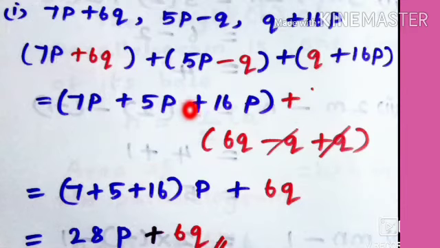The coefficient of 7p is 7, the coefficient of 5p is 5, and the coefficient of 16p is 16. Here 7 plus 5 plus 16 is 28p, plus 6q. So 28p plus 6q is the required algebraic expression.